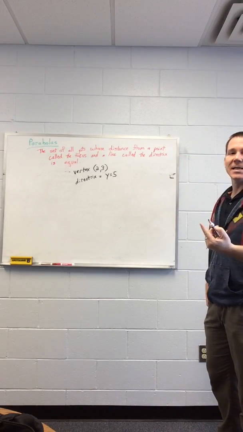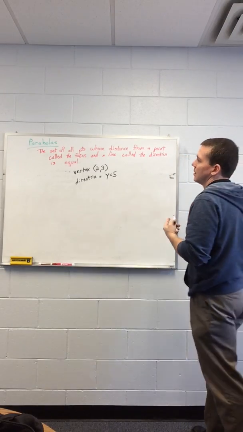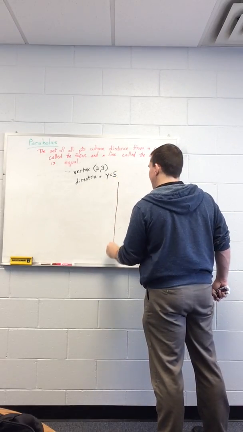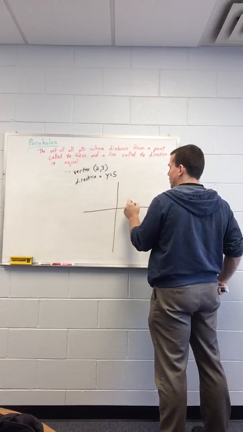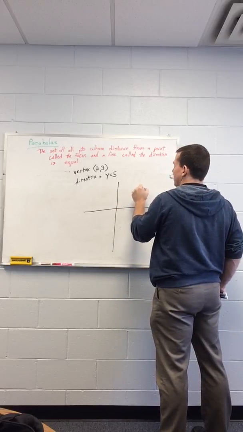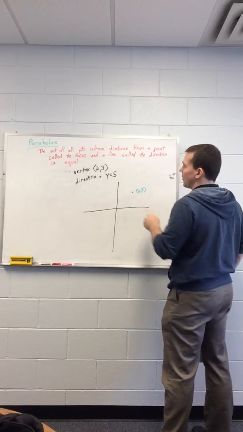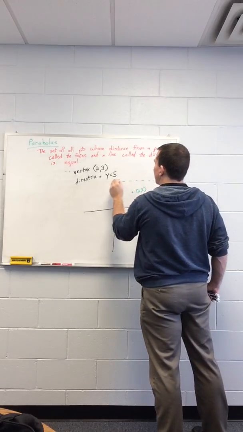Find the focus and find the equation. Well, let's see. If I'm going to graph it, the vertex is at the point 2, 3, so we'll say it's right here. The directrix is y equals 5, which is up here.